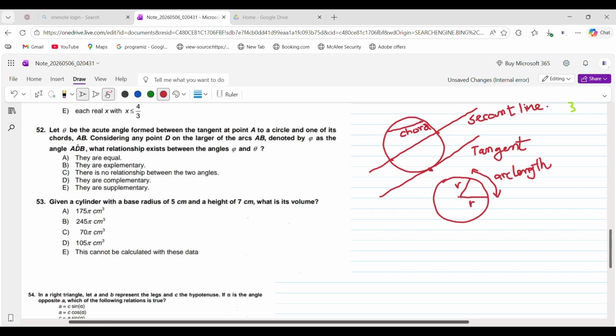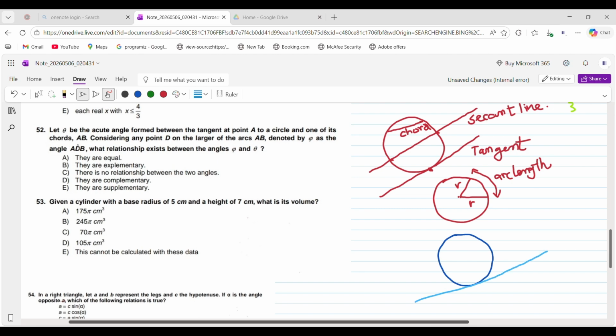Now let's try to make our scenario of what they have basically asked us to find. They have asked that we have a circle. We have a circle. Let me make it a bit big. Okay. Let theta be an acute angle formed between the tangent at point A to a circle. So basically we have to make a tangent right now.